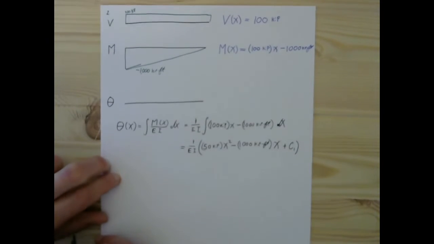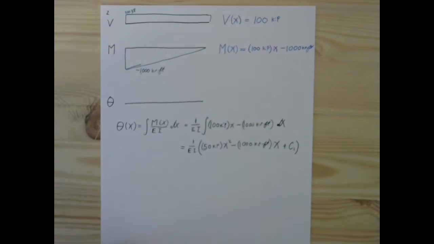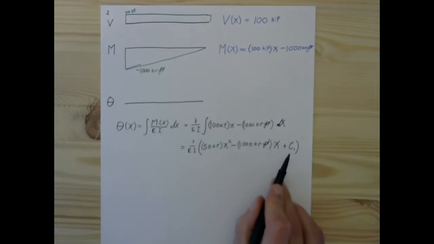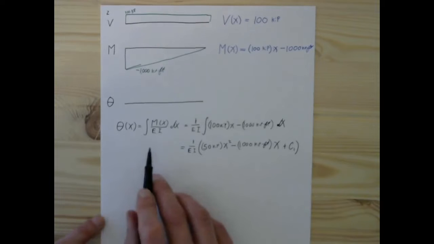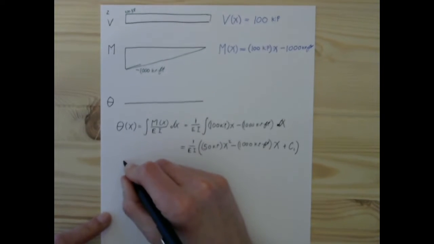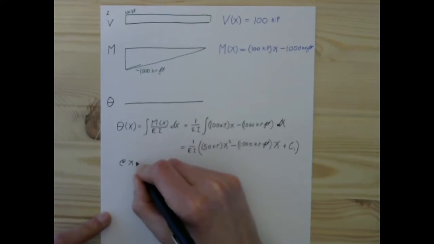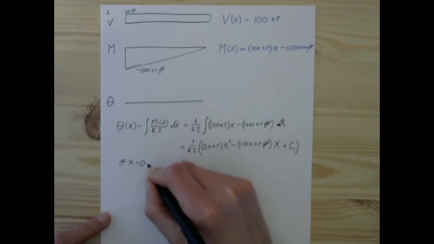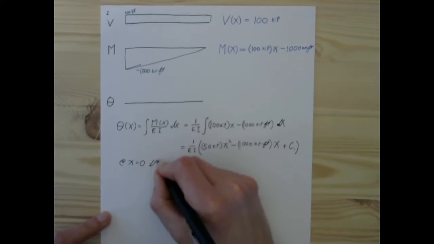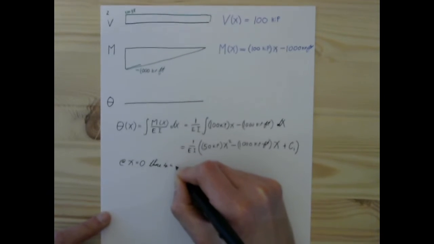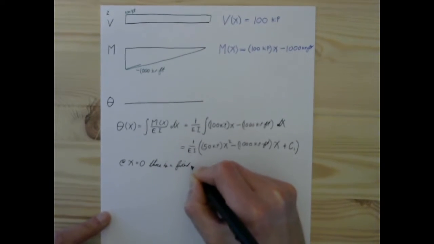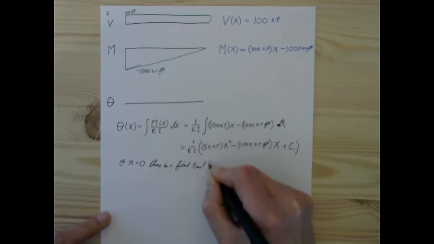So now we have to consider our boundary conditions and ask whether we can determine what C1 is. At x equals 0, there is a fixed end.